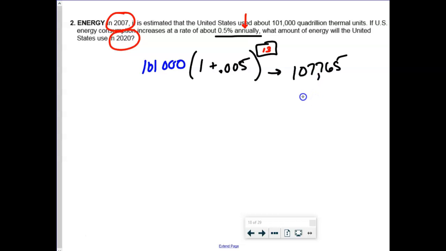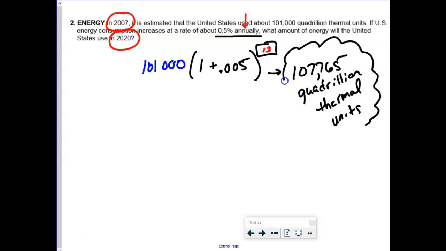What label am I putting on this? Quadrillion thermal units. Quadrillion. Sounds like, yeah. It's a lot. I don't really know what a thermal unit is, though, I'm going to be honest. It's just what they're measuring their energy in, I suppose.